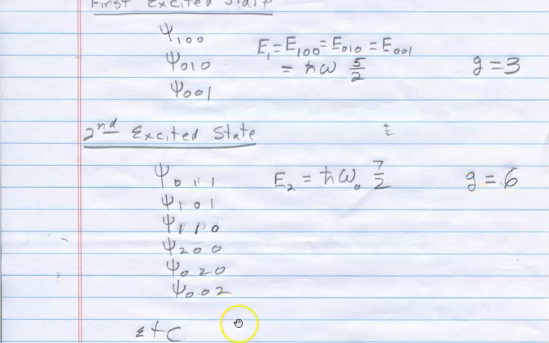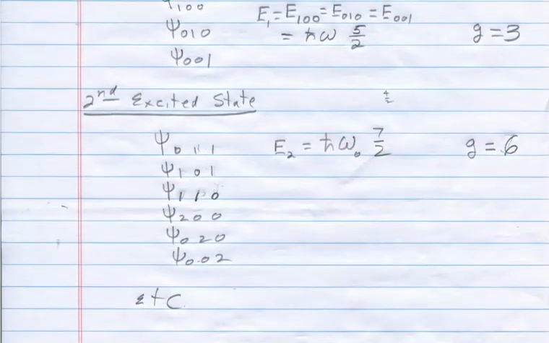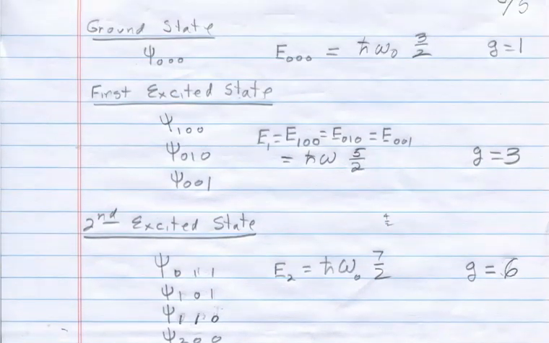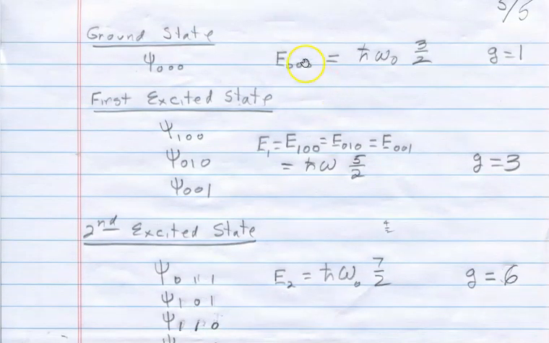Well, you can continue on. You get more and more states, as you might imagine, as you go up to higher energies, and they proliferate. The degeneracy begins to increase. In addition, another thing I should point out: if you look at the difference in energy between any 2 adjacent states, it's just h bar omega naught.